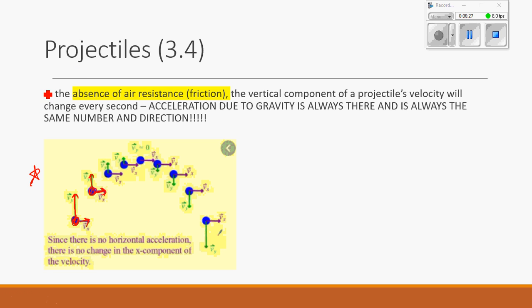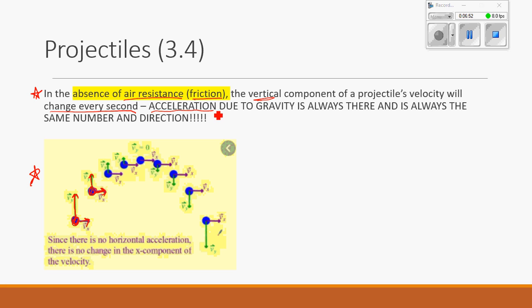So this note says that in the absence of air resistance, or in other words, fluid friction, the vertical component of a projectile's velocity will change every moment in time. Look at this, and this is shouting at us because it's all caps.